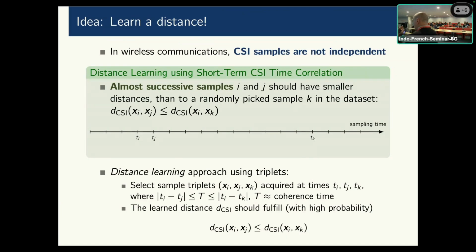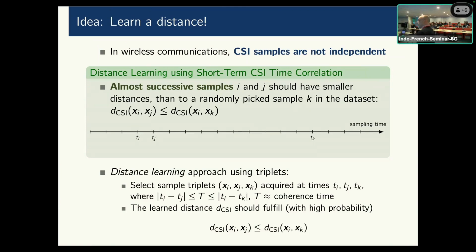So the idea is to use this property in the following way. Let me consider three measurements. The first two, indexed by i and j, are successive or almost successive. And I have a third one, which is measured much later, let's say a few minutes later, or possibly coming even from another user.